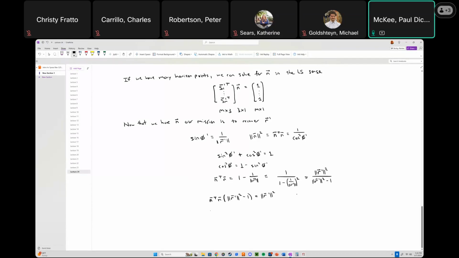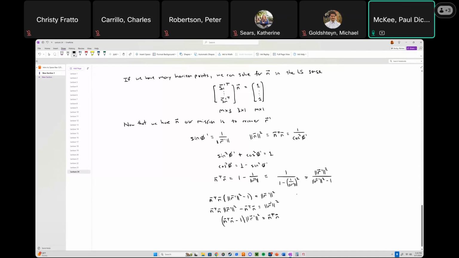Okay, keep bearing with me here. n transpose n times the norm of r prime squared minus n transpose n is equal to the norm of r prime squared, or n transpose n minus 1 times the norm of r prime squared is equal to n transpose n. So bear with me here. We're pushing n transpose n over to the other side of the equal sign, the r prime squared over to the other side, and we end up with this.